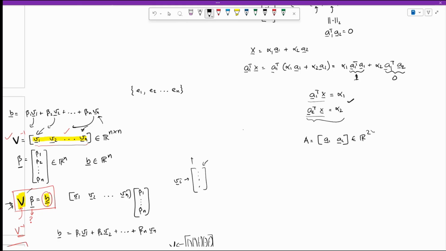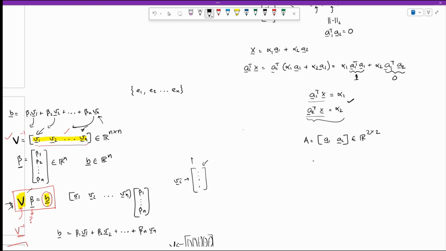This will be a 2 cross 2 matrix, because we're dealing with R2 and there are two vectors. The matrix is invertible because it's square, and it's full rank because A1 and A2 form a basis for R2. That means it has a full set of linearly independent columns, so the rank is n. Rank is 2. That means it is invertible.